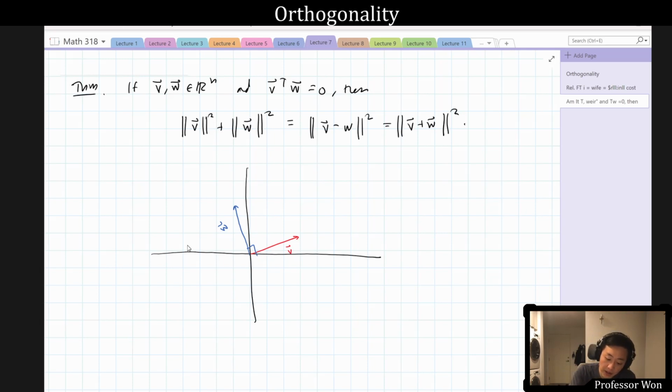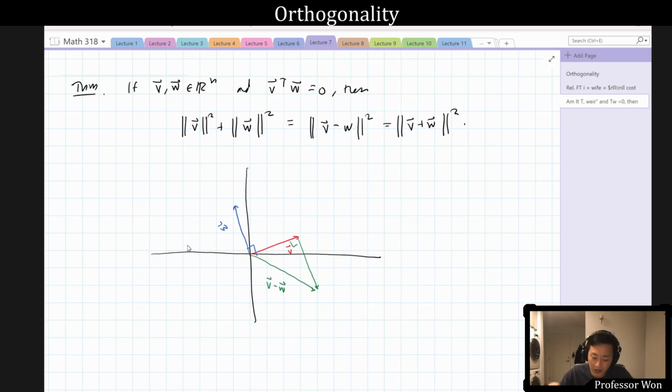But if you consider what is v plus w and what is v minus w, so v minus w is v and then you add negative w. And that's negative w, there's a right angle here. This vector is v minus w, which is definitely the same thing that has the same hypotenuse, right? It's got a side of length v and a side of length w.